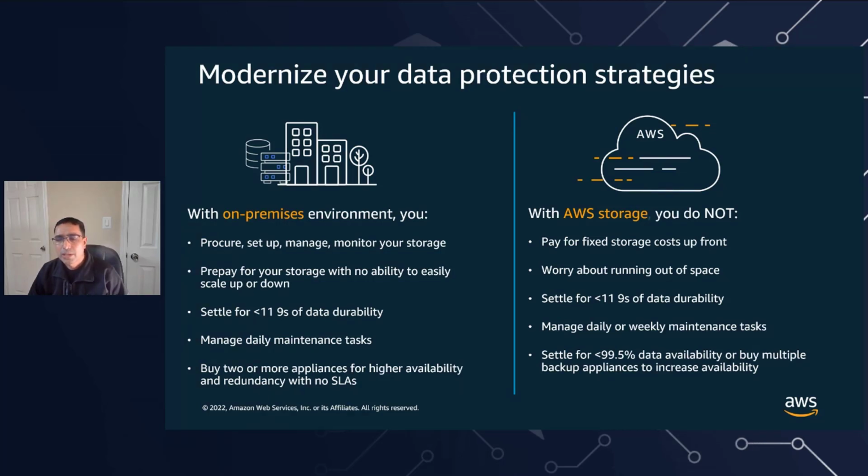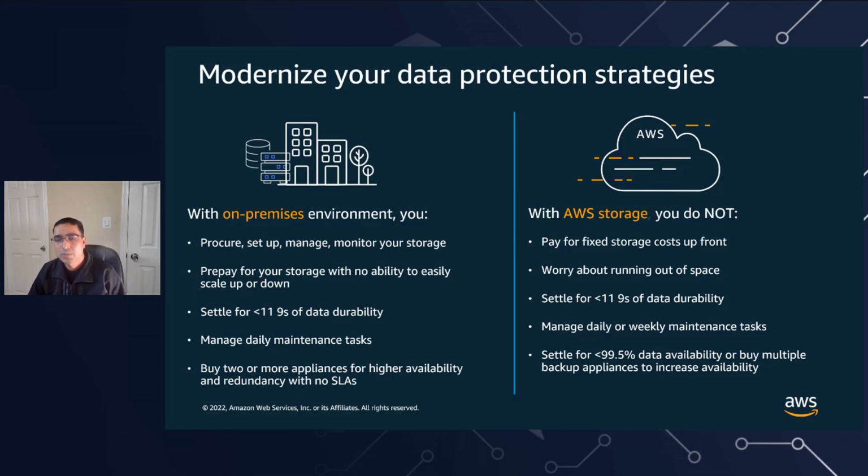Most CIOs that I talk to, they lament about the mundane daily tasks that their storage administration teams are doing, instead of spending time on value-added tasks that will impact their roadmaps, right? Lastly, the costs. It gets very expensive to buy two or more appliances for added availability or redundancy.